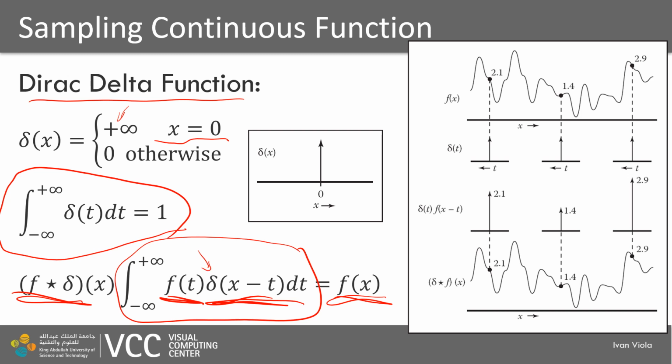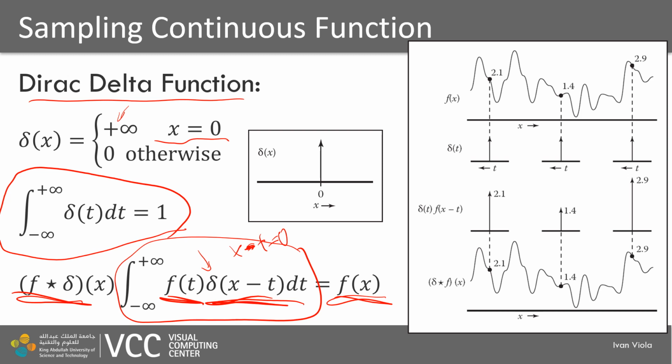So as this is infinitely small, actually we can take out the f(t) at the x value. When the delta has the parameter 0, so x minus t is 0, so x is equal to t.